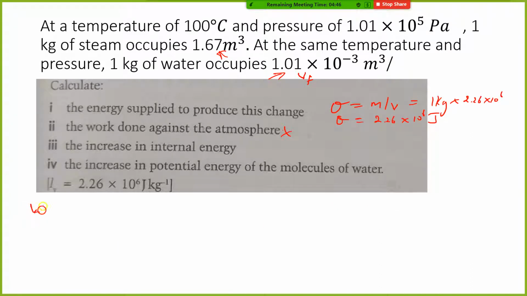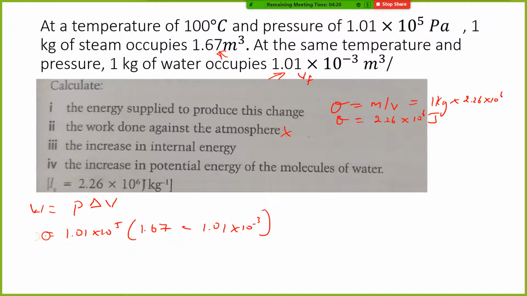So clearly W is equal to P times change in volume. P is 0.1 times 10 to the 5, times my final volume, which is 1.67 minus my 1.01 times 10 to the -3 meters cubed.